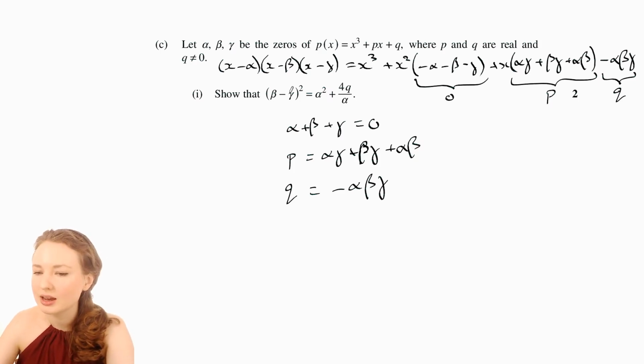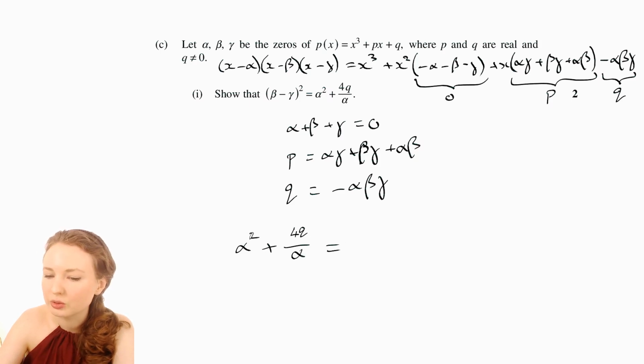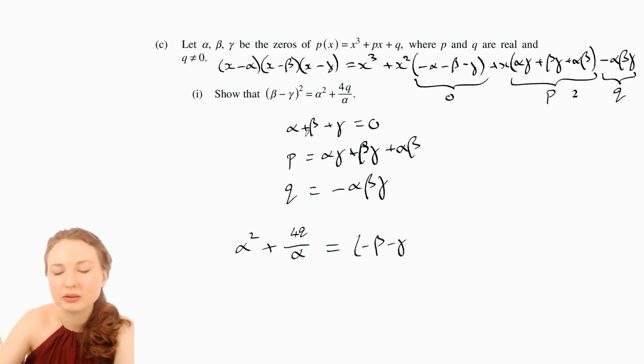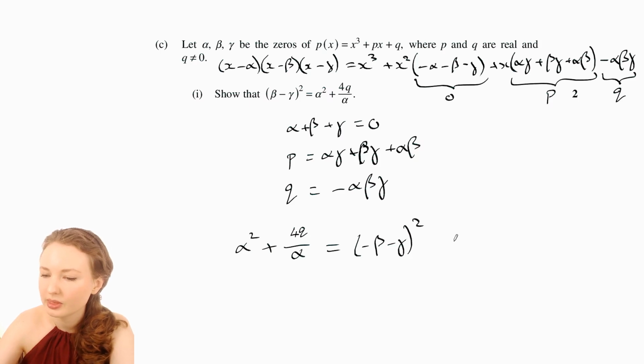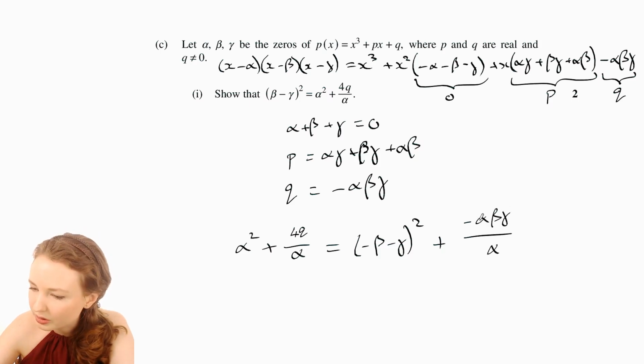So the right hand side, alpha squared plus 4q on alpha, we could replace that with negative beta minus gamma, just from that equation. And then q is negative alpha beta gamma. Oh, there was a 4.